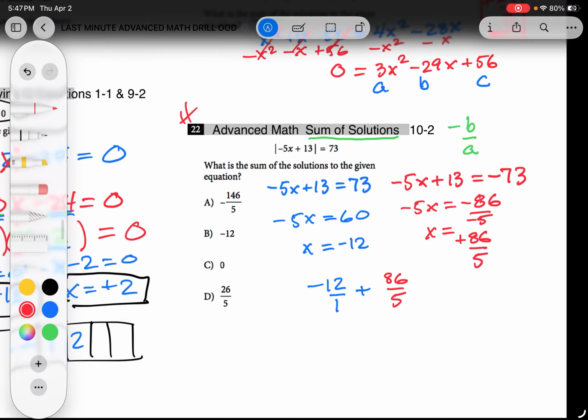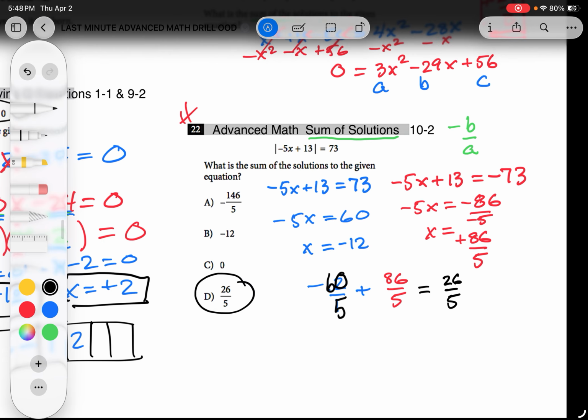So how do I solve this? Remember, when you're dealing with fractions, we need common denominators. So downstairs, I'm going to multiply by 5 for that 12, which means upstairs I got to multiply by 5 also. So that's going to be a negative 60 over 5 plus 86 over 5. What is that going to equal? That will equal 26 over 5, which is your answer.